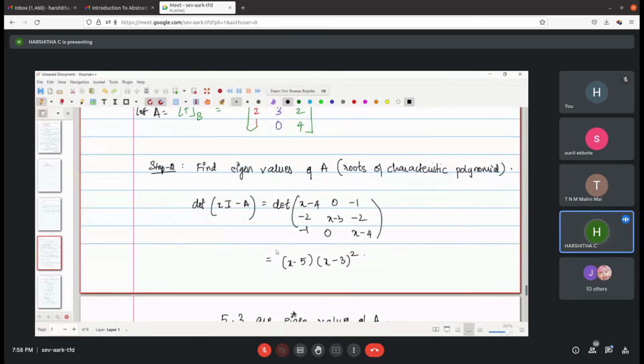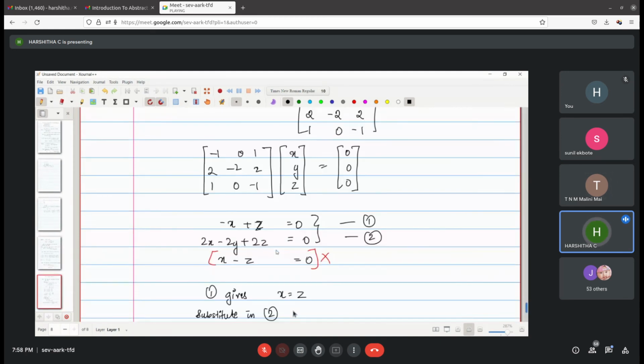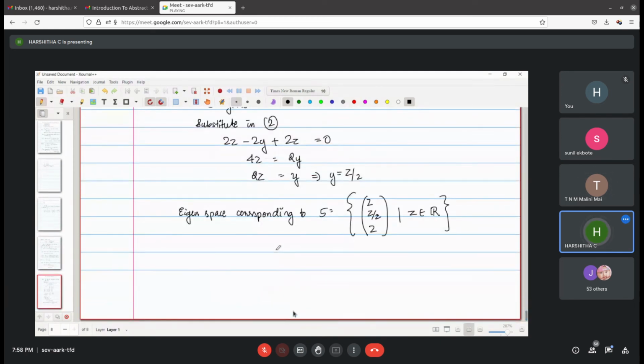Algebraic multiplicity is how many times the eigenvalue appears as a factor in the characteristic polynomial. And geometric multiplicity was defined to be the dimension of the eigenspace.